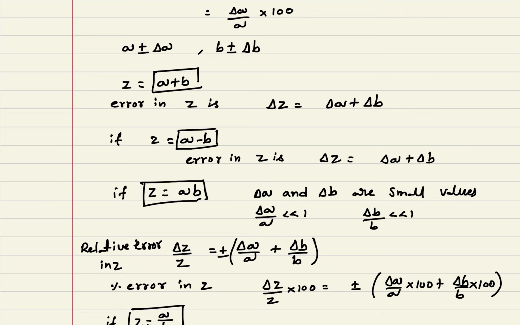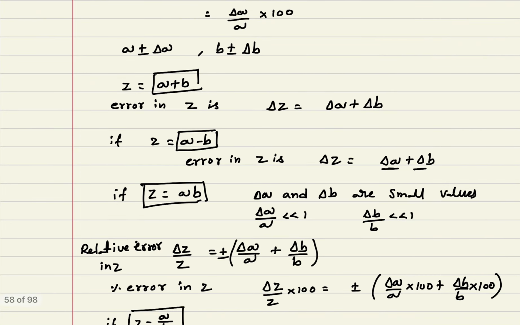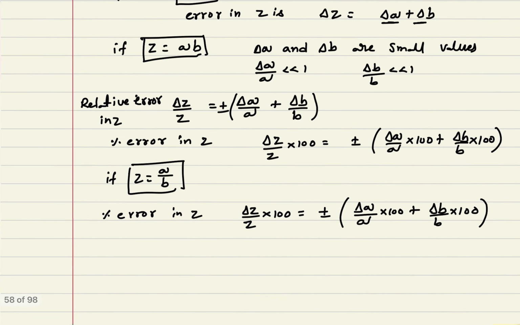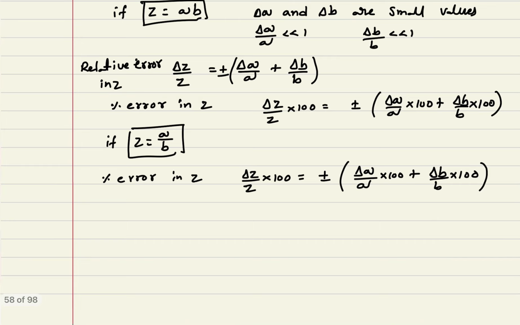If it is A plus B or A minus B, we have to add their absolute errors. In this case, relative errors we are adding.